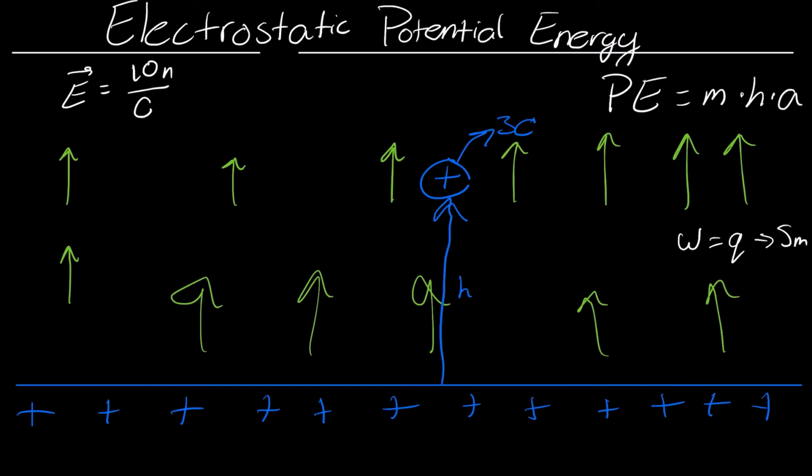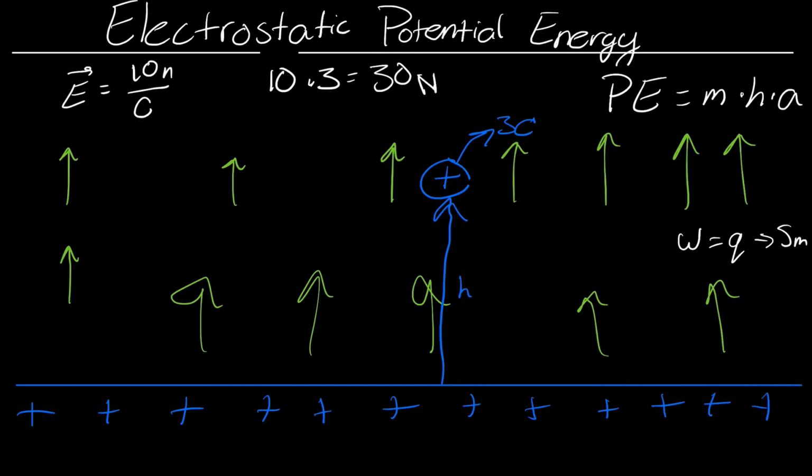So we multiply the charge and the electric field: 10 times 3 equals 30 newtons. Because the coulombs cancel out, we're left with newtons. And that would be the upward force applied to that charge at that specific point.